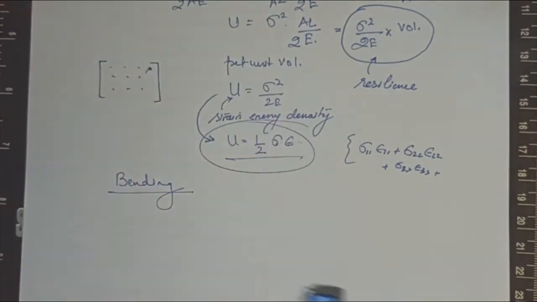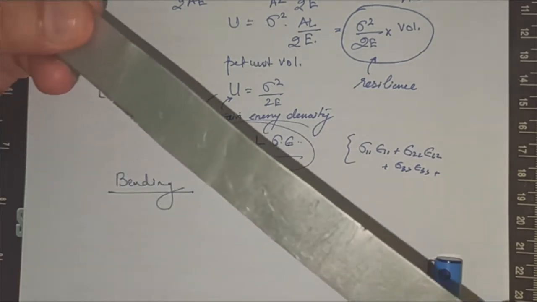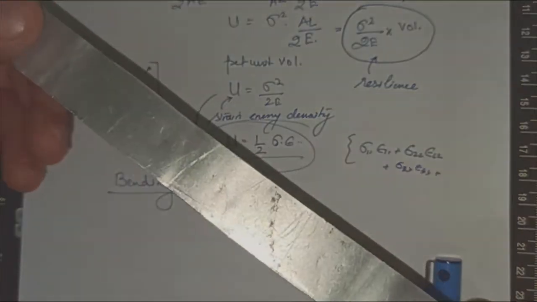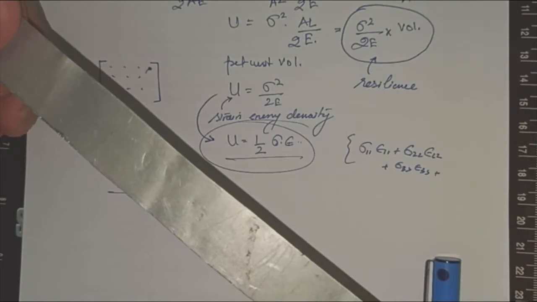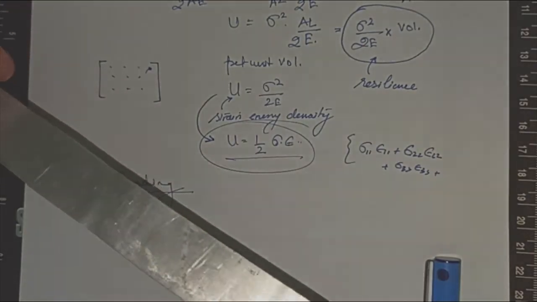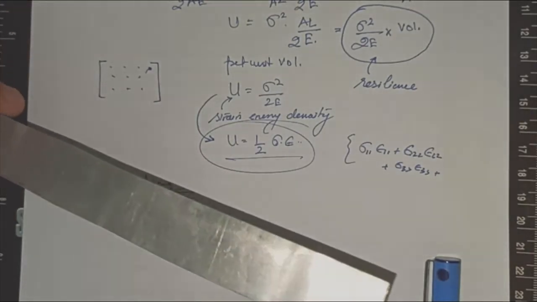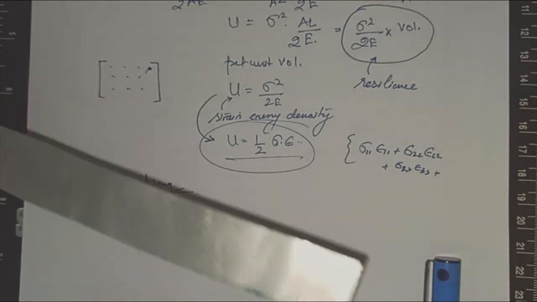As I have given you the example, in case of bending, your bar becomes a beam. So bending occurs on the beam, mostly on beams.